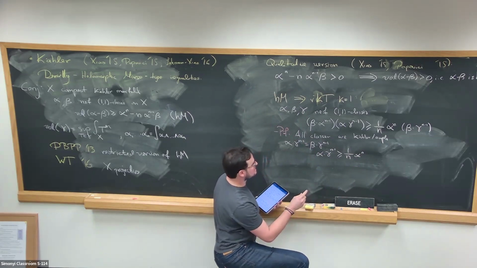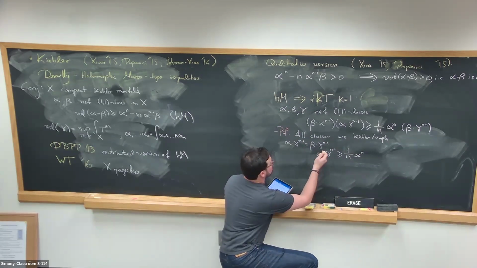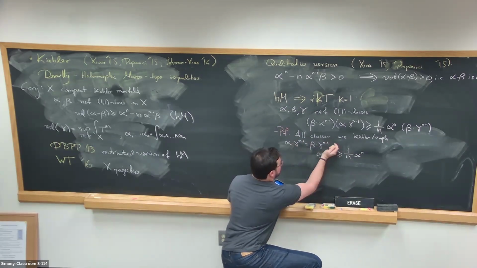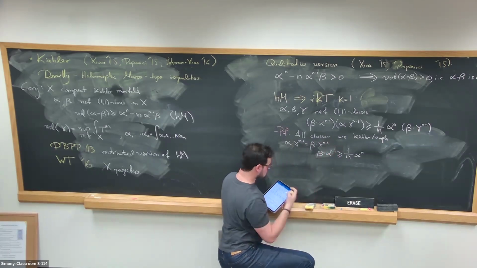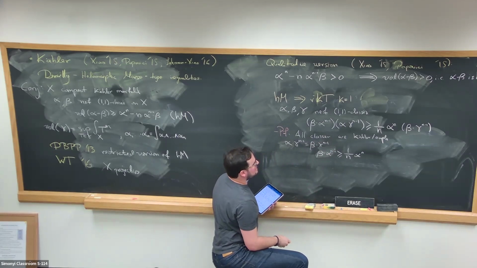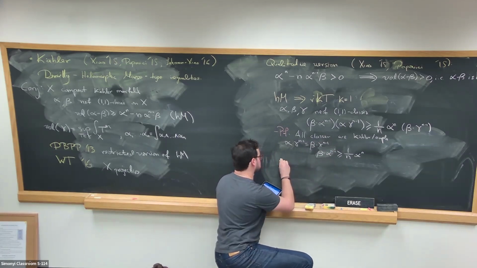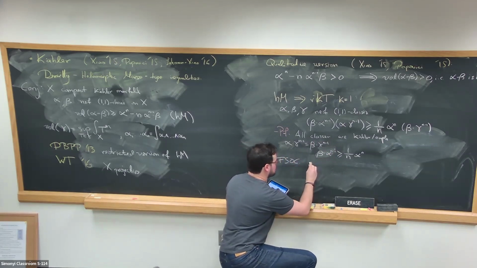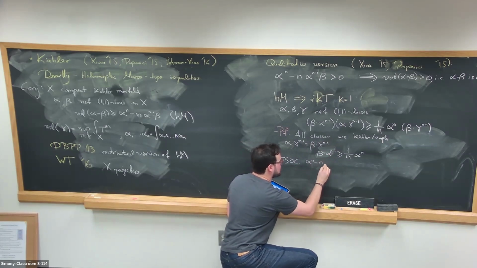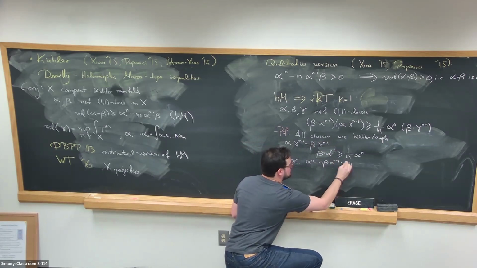Did I do something wrong? Oh, sorry. This is not the one that cancels out, it's this one, beta times alpha. And so we want to prove this. For the sake of contradiction, assume that alpha to the n minus n times beta alpha to the n minus 1 is strictly bigger than 1.